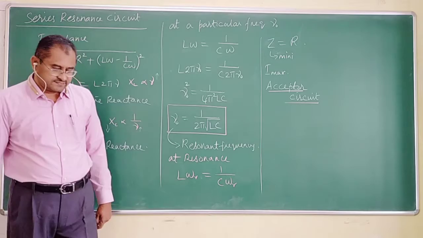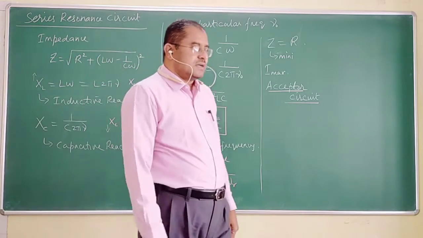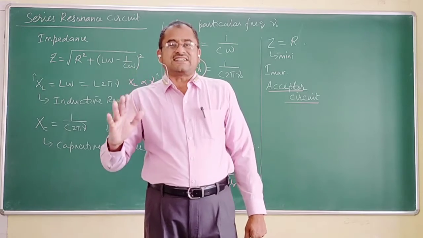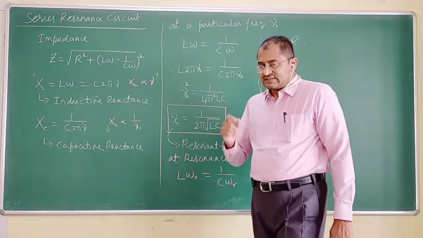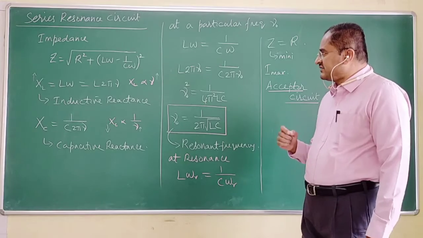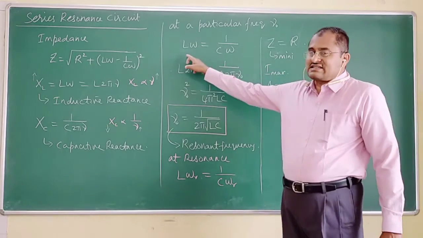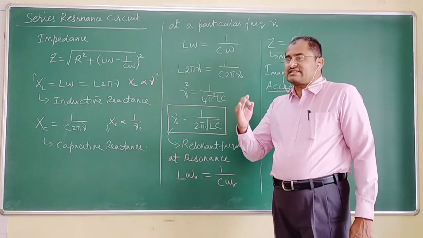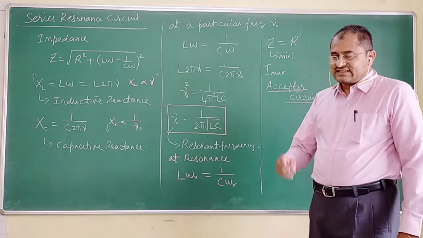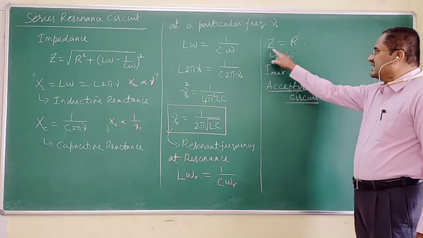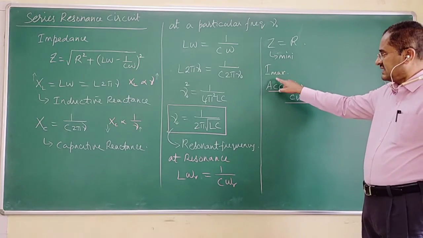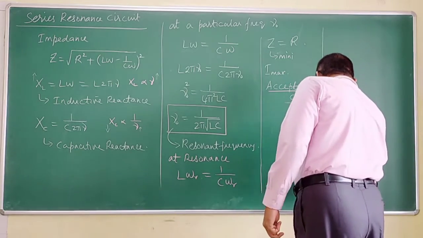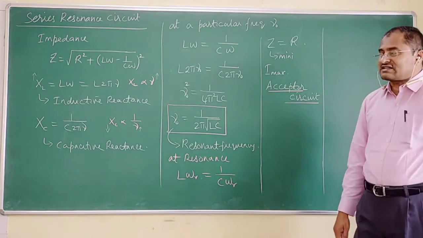That frequency at which inductive reactance becomes equal to capacitive reactance is called the resonant frequency. At resonant frequency, impedance becomes minimum, current becomes maximum. Therefore, the circuit is known as an acceptor circuit.